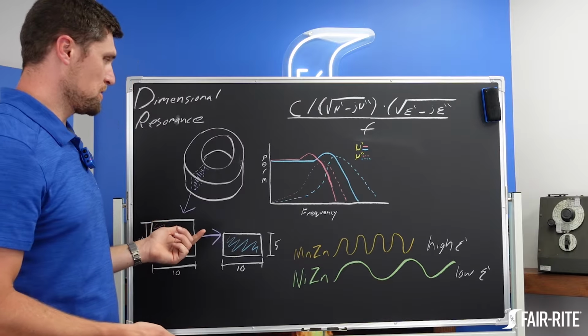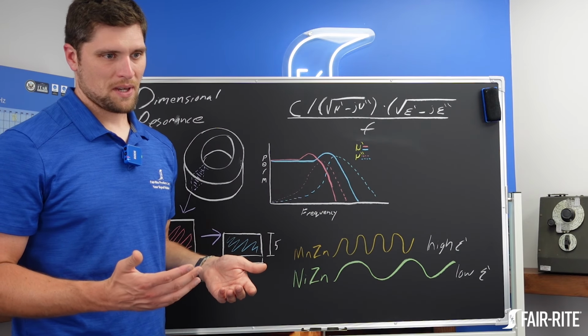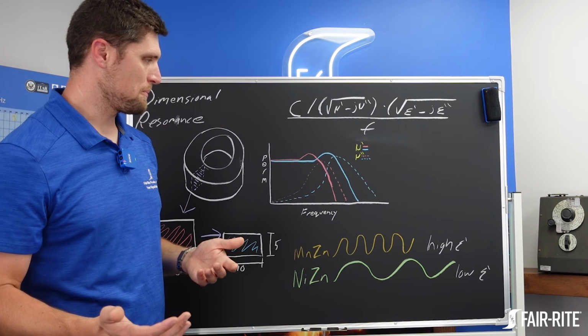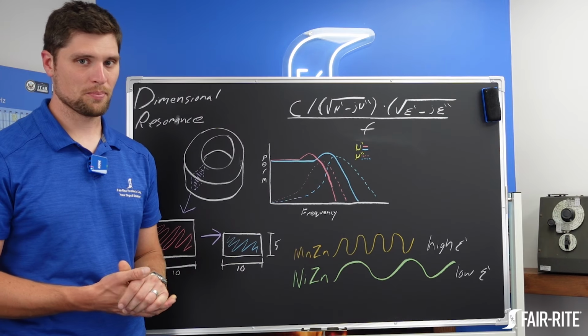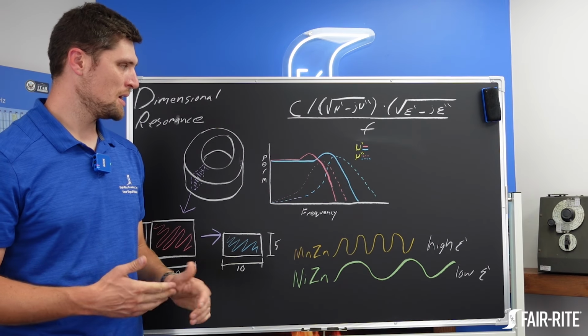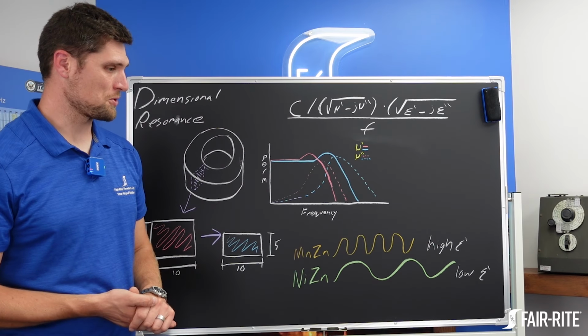That's what you're actually seeing here. So basically, high permittivity materials are going to be more apt to this than low permittivity materials. Realistically, every material is subject to this at some frequency.